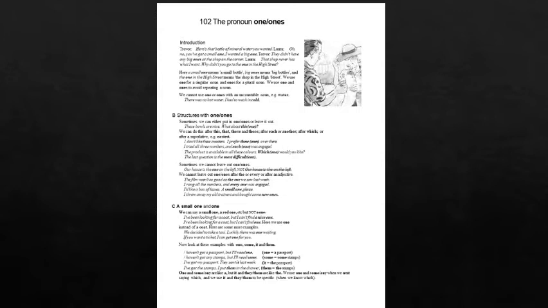We can do this after this, that, these, and those, after each or another, after which, or after a superlative, for example, easiest. So these are the demonstratives and the reciprocal pronouns, the words after which you can use this pronoun: this, that, these and those, each or another, which and easiest.